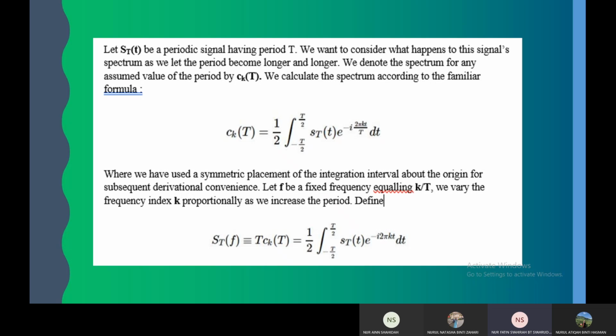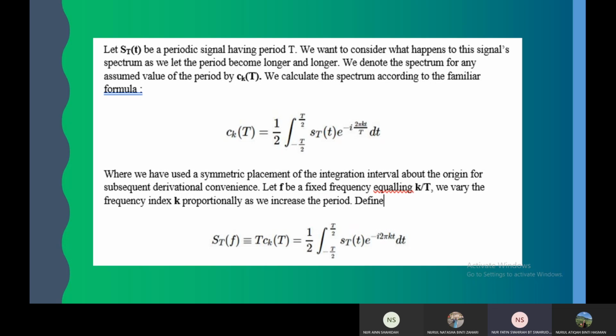For the image processing, let s(t) be a periodic signal having period T. We want to consider what happens to the signal spectrum as we let the period become longer and longer. We denote the spectrum for any assumed value of the period by c_k(T). We calculate the spectrum according to the familiar formula.